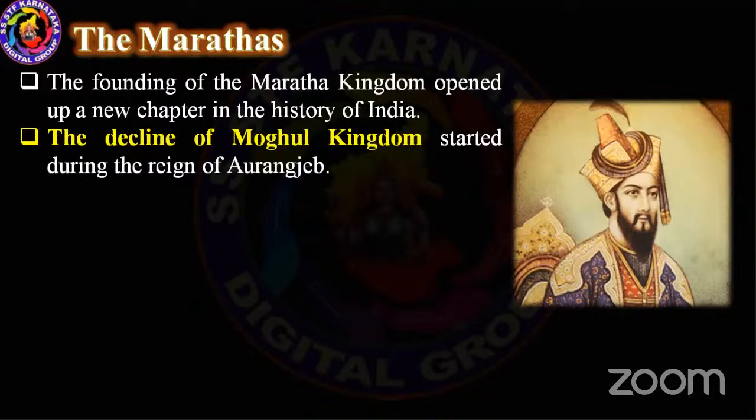It was due to the policies of Aurangzeb. His ancestors, Shah Jahan, Jahangir, and Akbar, had followed religious tolerance with Hindu rulers, Christians, and others. But Aurangzeb's actions were very cruel.